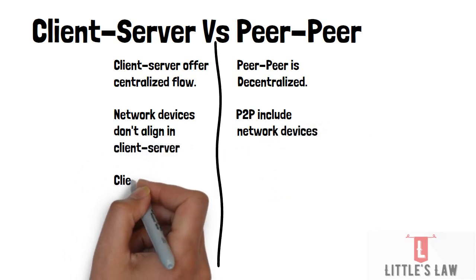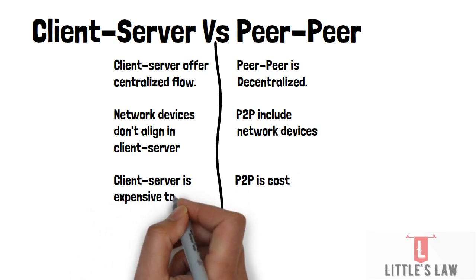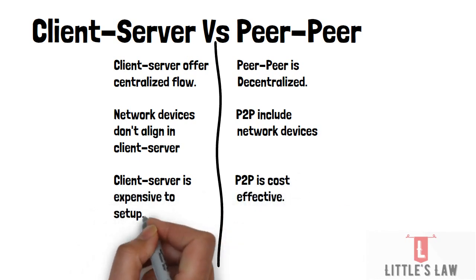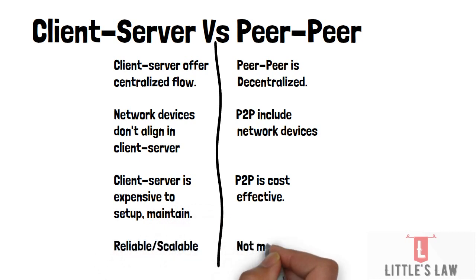So unlike the client server architecture, which offers a centralized flow from an organization's servers to staff, stakeholders, and clients, a peer-to-peer network is decentralized. And all the network devices don't align with a specific dedicated server. Instead, this P2P network includes network devices, which we call clients, known as nodes, that submit and service requests between each other.